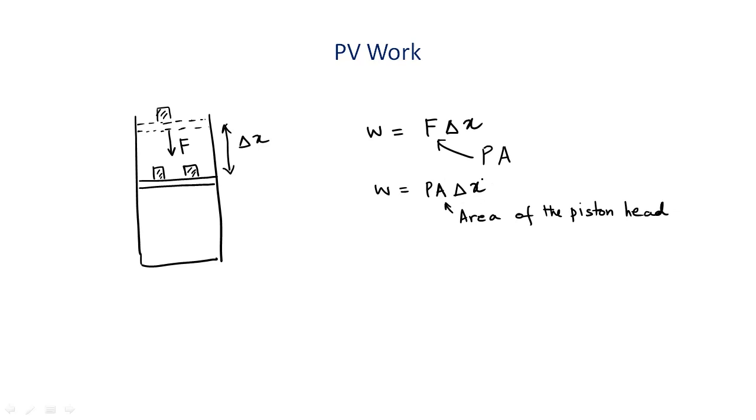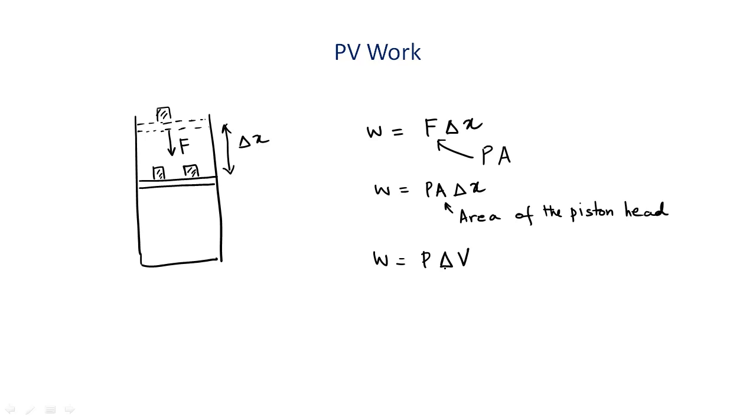The area of the piston head multiplied by delta x is just the volume change. So W is equal to P delta V. When the gas expands against external pressure, it does work at the expense of its internal energy, assuming no heat is flowing in.